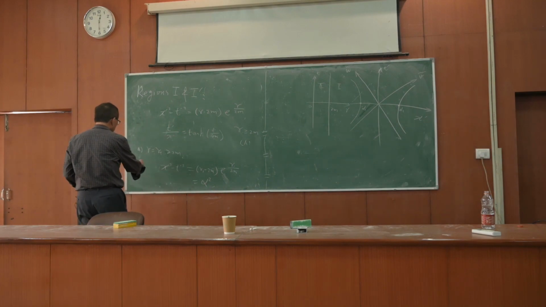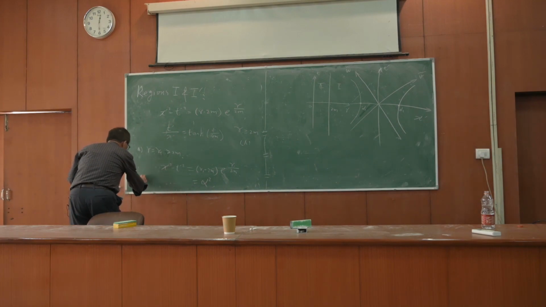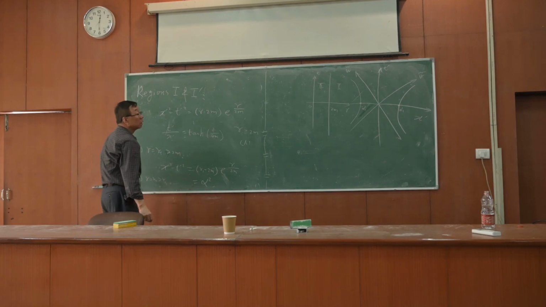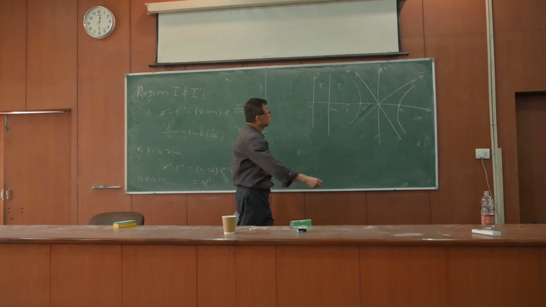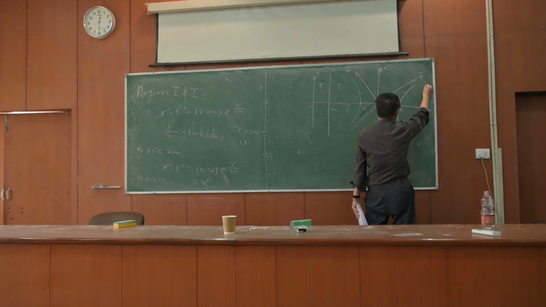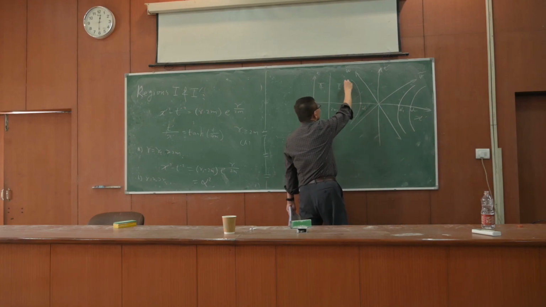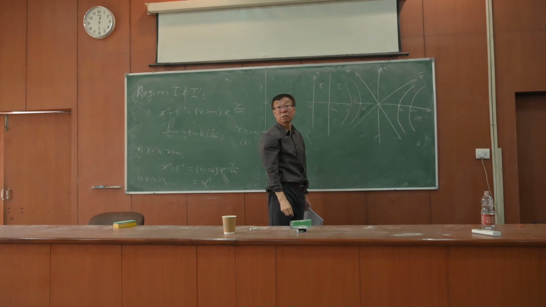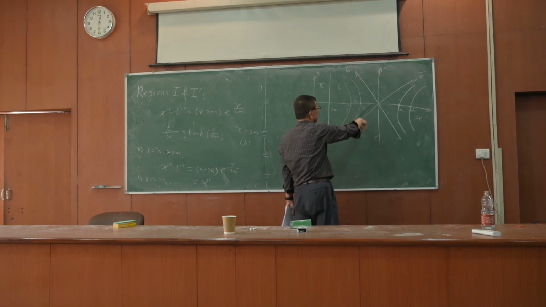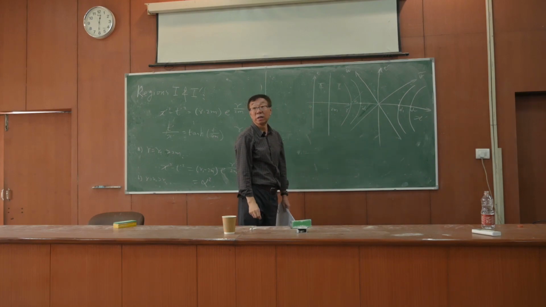What about if I have, let's say, r equal r2 greater than r1? You can easily understand this equation. This is a line, r equal constant.